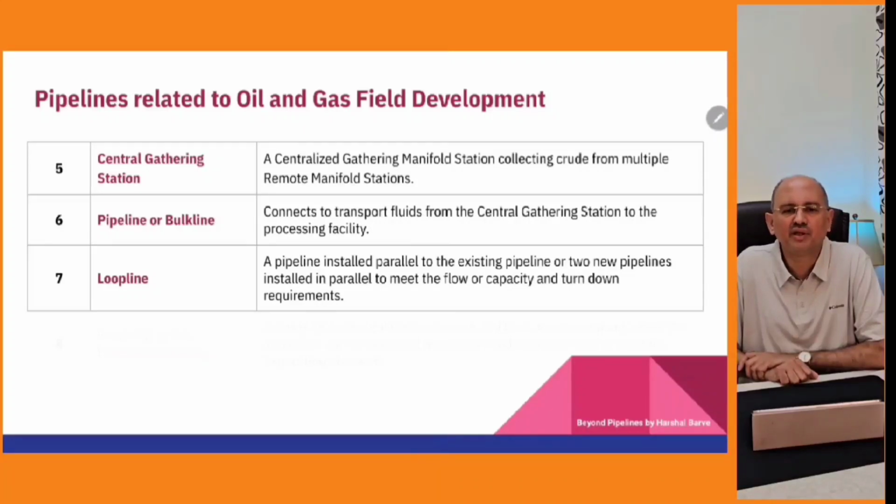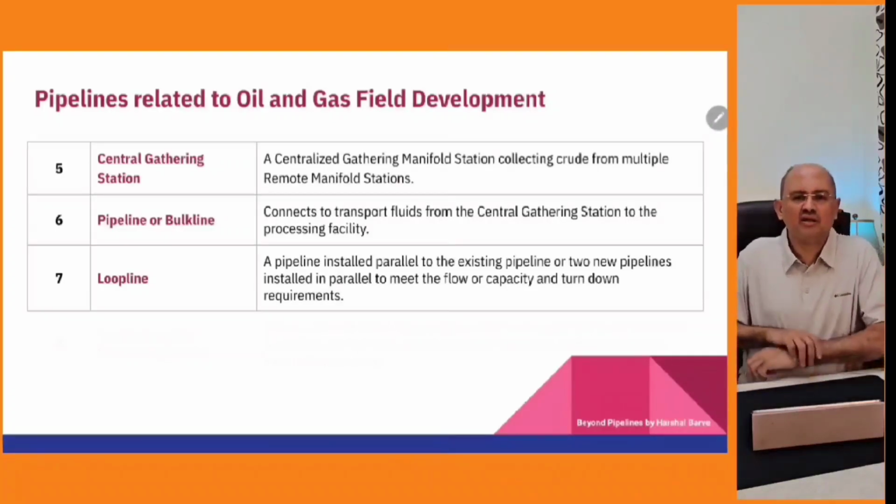Keep it for some future development, or if you want some quick turnaround for some other nearby fields, then you can utilize that. But by doing this, you can keep the corrosion under control and maintain its design life within practical limits. So this is the concept of the loop line.